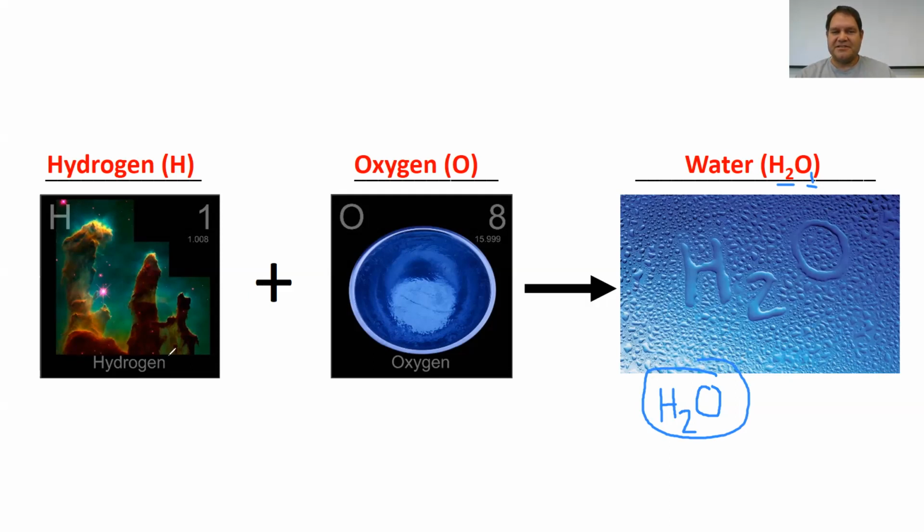I mean, hydrogen itself, it's explosive. It's flammable. It will blow up. And oxygen, well, it's an element that's needed to make something burn in the first place. And you put these two together and you create a compound that actually puts out fires. It's so amazing to me. It's incredible when you think about what we can do with all of these elements and the compounds that we can make.